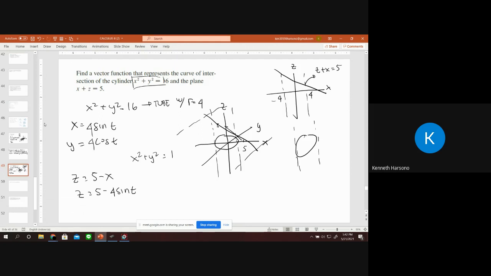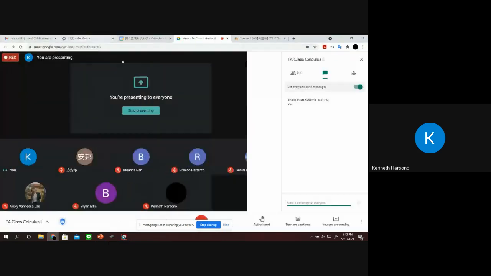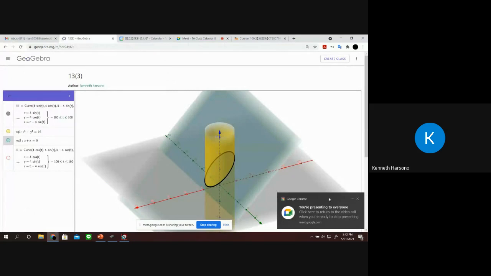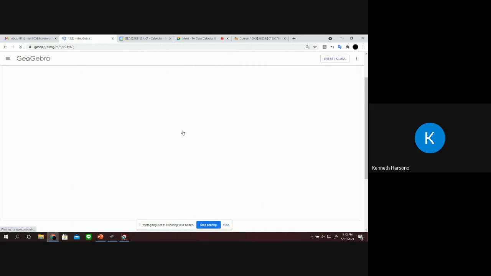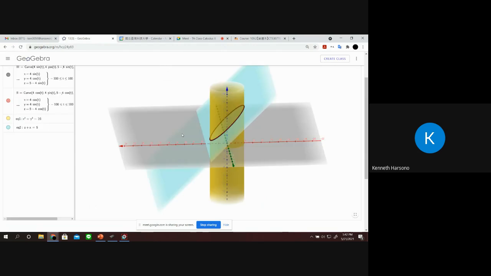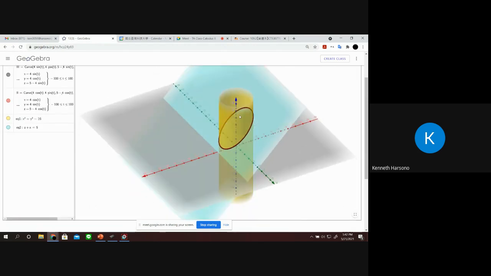Okay, for this one, to give you a better image, I'll give you this visualization. As you can see, this yellow surface is x squared plus y squared equal to 16, and the blue plane here is x plus z equal to 5.